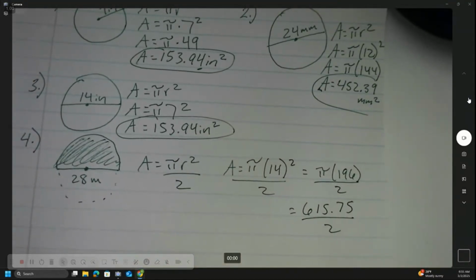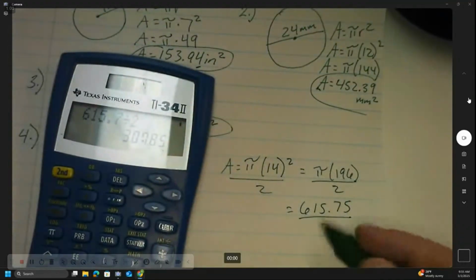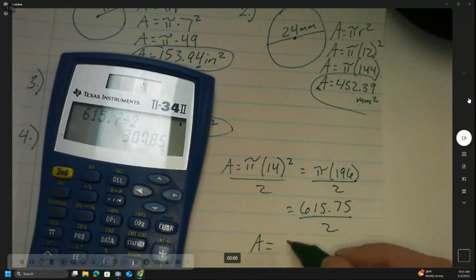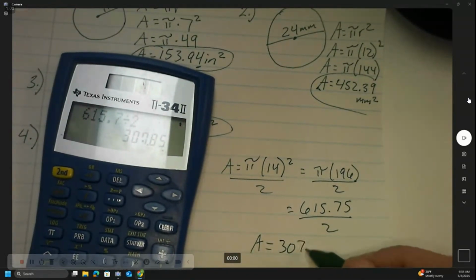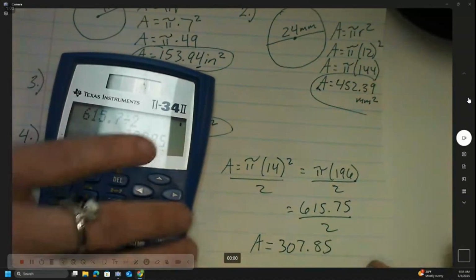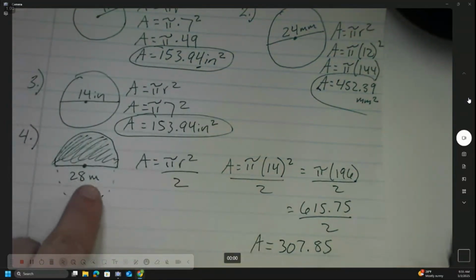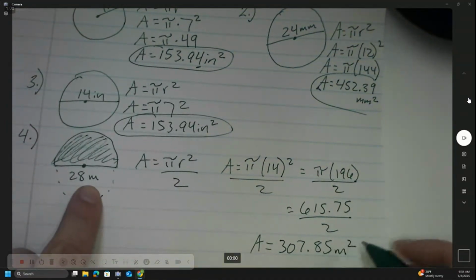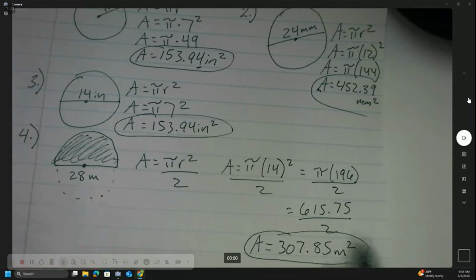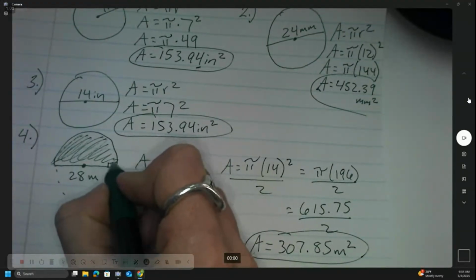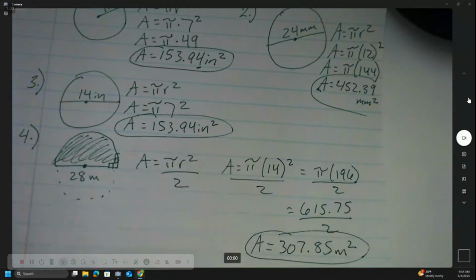Divide that guy by 2. 615 and 75 hundredths divided by 2 is area equals 307 and 85 hundredths meters squared. You're still solving for squares. Okay, remember that's like doing this. Still, you're solving for how many perfect squares make up the inside or the area of that circle.